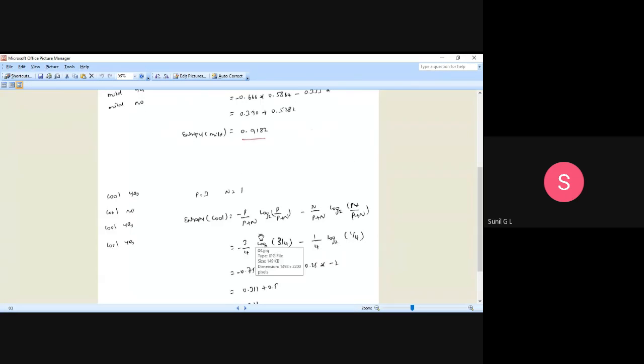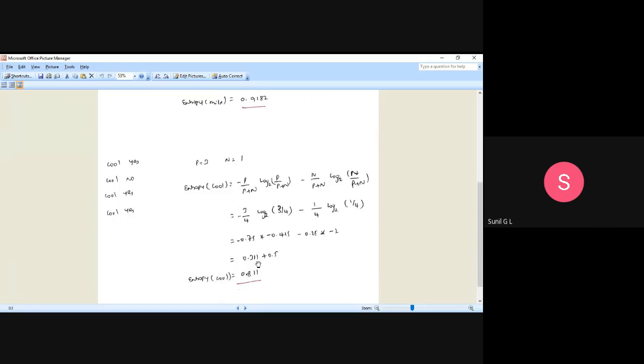When I calculate the values, 3 divided by 4 is 0.75, and log 2 of 3 by 4 is minus 0.415. 1 divided by 4 is 0.25, and log 2 of 1 by 4 is minus 2. When I multiply these, I get 0.311 plus 0.5.